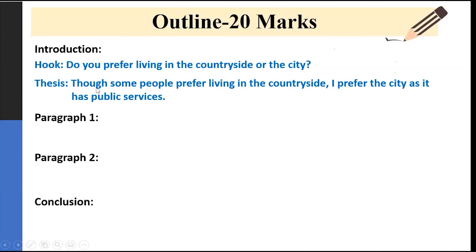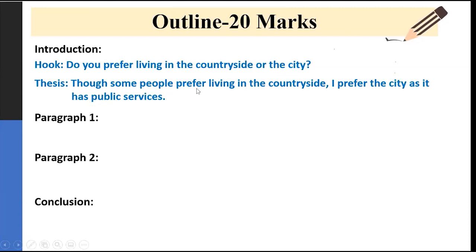We have to begin with a word like though or although or despite. In spite of اختار واحدة إنزين and then we show the 2 sides لأنه هو قاعد يقول لنا إن في ناس تفضل الحياة بالكونتري سايد وفي ناس تفضل السيتي. I have to make it debatable.